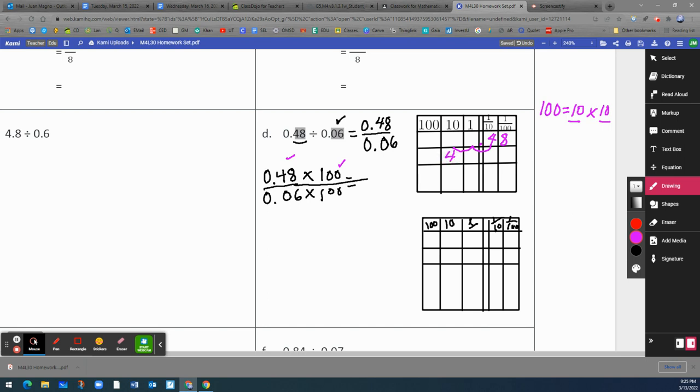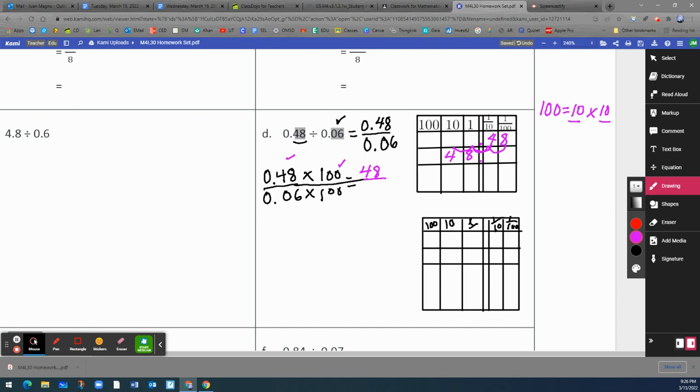So the number 4 is now 4 ones. And the 8 hundredths is also moved to the left twice, and now it's 100 times bigger, which makes it 8 ones. So now the number above, the numerator, is 48.